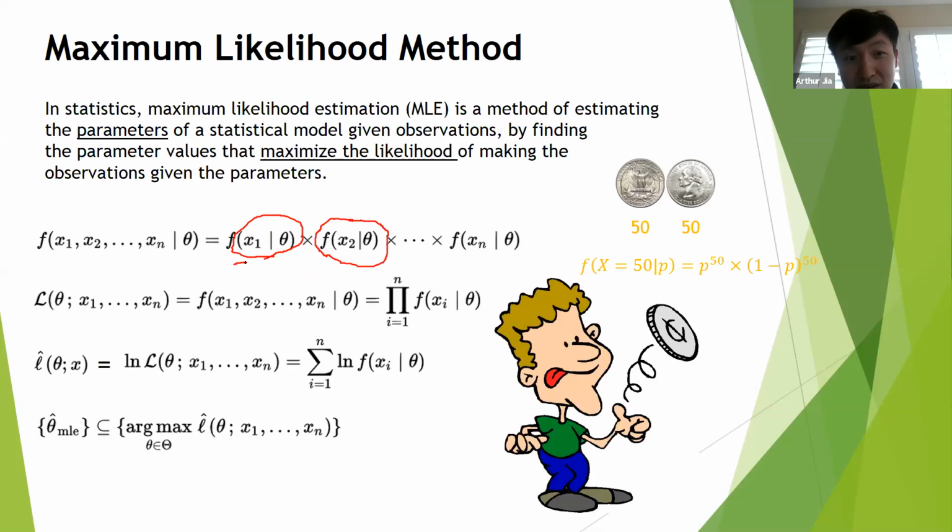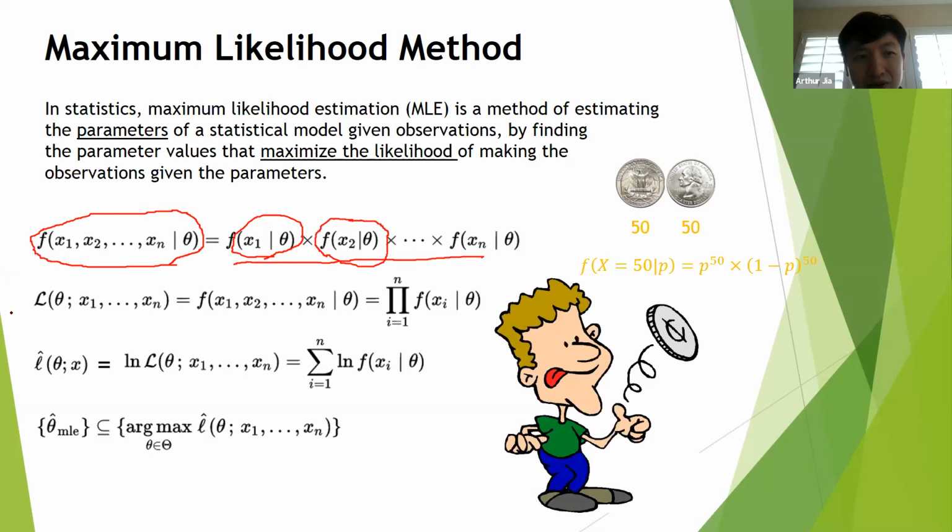If you multiply these probabilities together, that gives you the joint probability. The joint probability of these 100 tosses is, given this parameter, I'm going to talk about this parameter a little bit later, what's the chance you're going to see this series of outcomes, right?